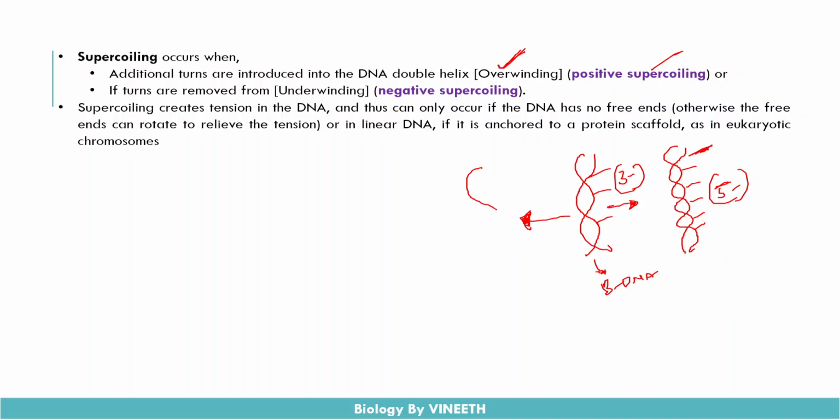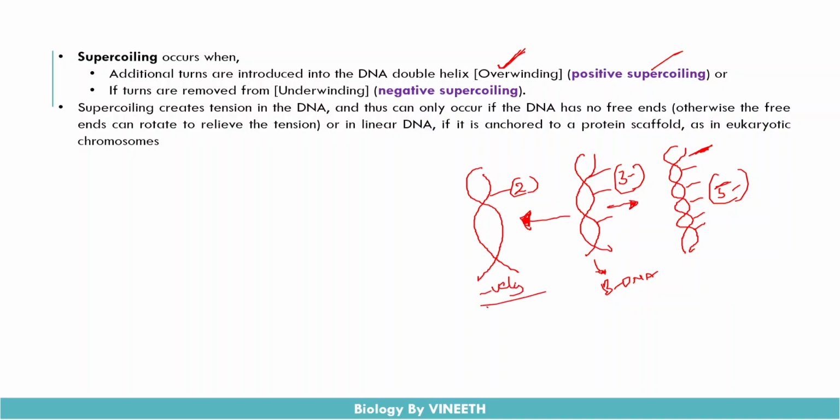That means the actual 3 helical turns have now been reduced to 2. Decreasing the helical turns, or underwinding the already relaxed DNA, makes the DNA undergo negative supercoiling. So this is what is called a negatively supercoiled DNA.